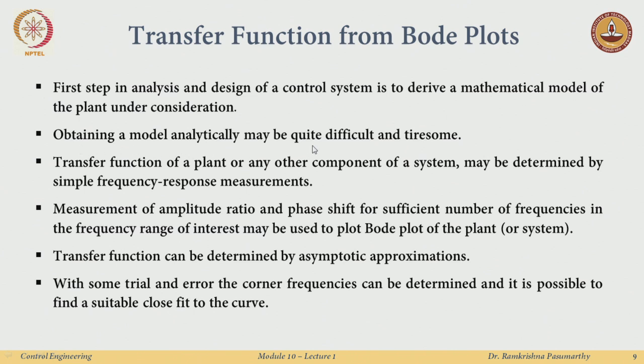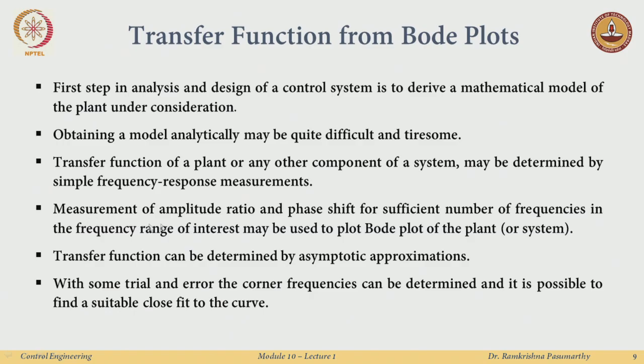Sometimes it may not be possible analytically, or I may not even have any information of what are the physical components sitting in the system. Therefore, I employ a technique where I can just plot the frequency response of the system and see if I could get to the transfer function.